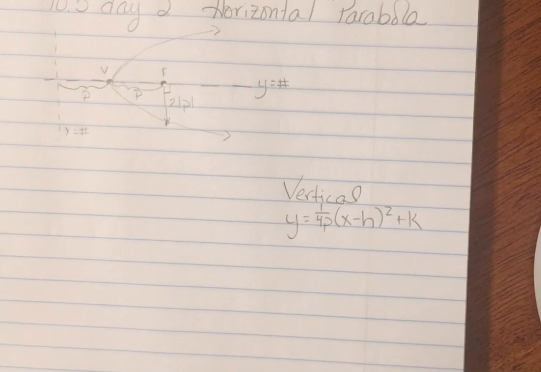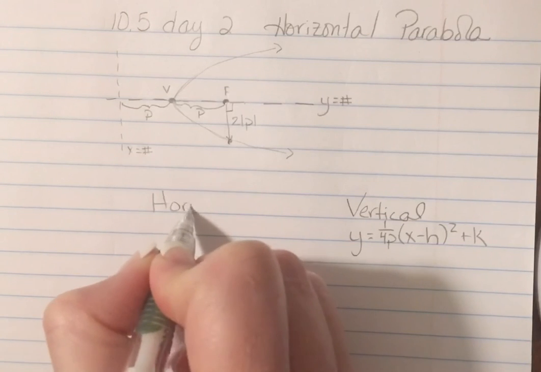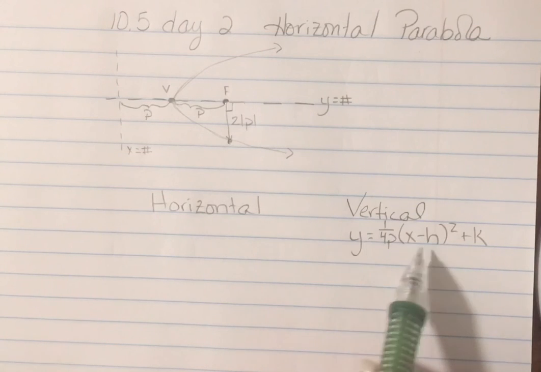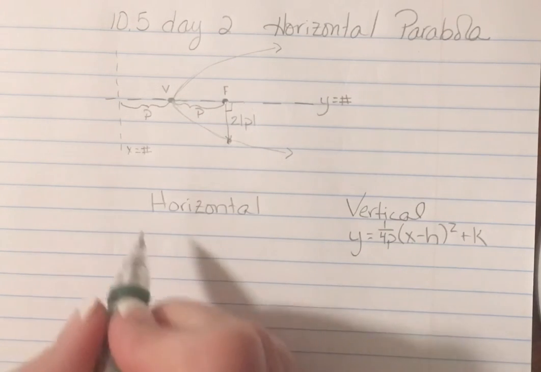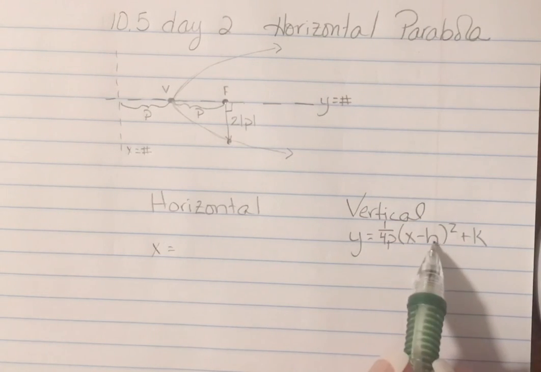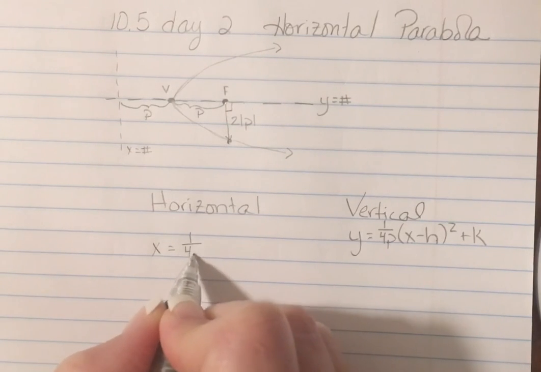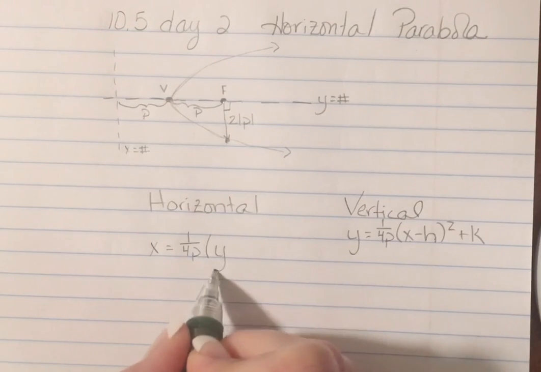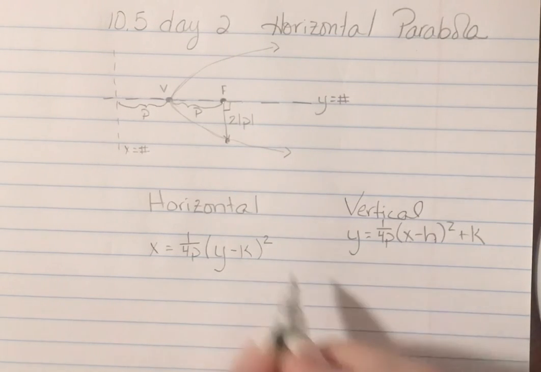Well, for the horizontal, the x's and the y's switch, and the h's and k's go with them. So it's now x equals 1 over 4p, that doesn't change. In parentheses now we have y minus k, all squared, and then h is outside.